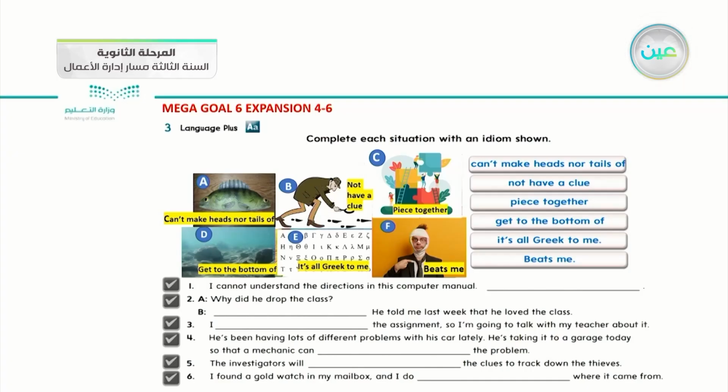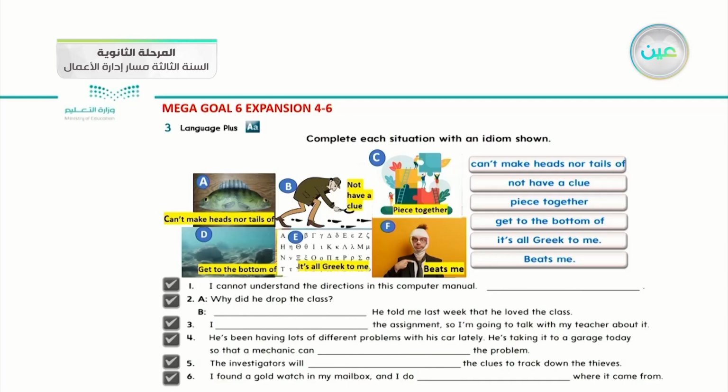Can't make heads nor tails of belongs to letter A. Not have a clue, that's what we talked about, it belongs to B. Piece together belongs to C. And get to the bottom of belongs to D. It's all Greek to me belongs to E. And the last one, pets me, belongs to F. Okay, let's begin to apply it. At first, we want to read it and analyze it, and we understand the meaning of the sentence before we apply these idioms to it.